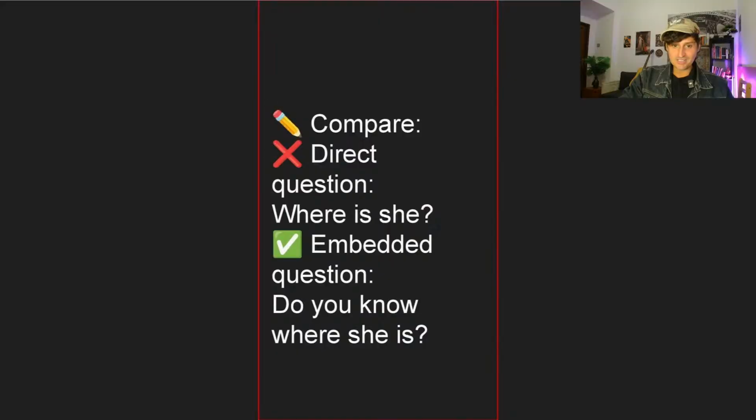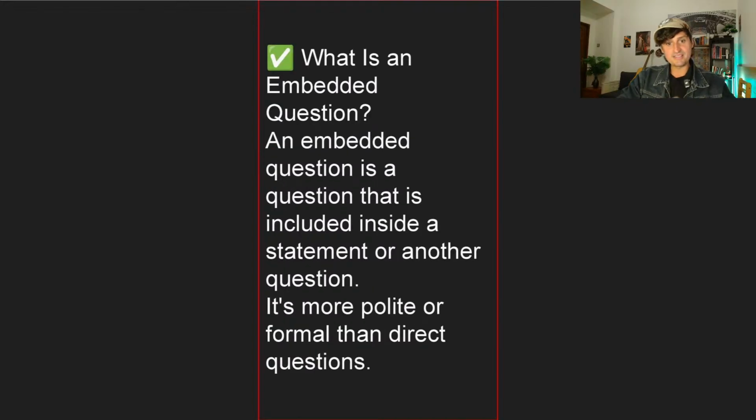Do you know where is she or do you know where she is? All right. Which one is correct? Well, of course, the correct one is do you know where she is? All right. So, very nice, guys.